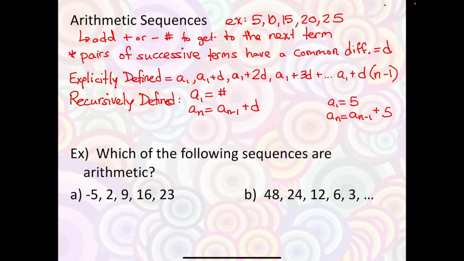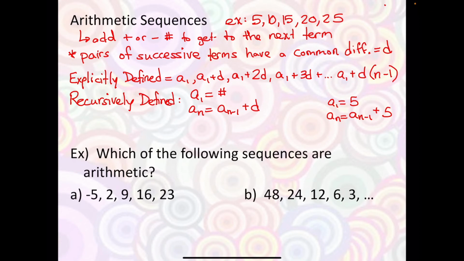So if we take a look at two sequences that are given, we need to determine which of them is arithmetic. So we ask ourselves, in which sequence do we take each term and just keep adding the same number, whether positive or negative, every time to get the next term? If we look at sequence A, from negative 5 to 2, we are adding 7.